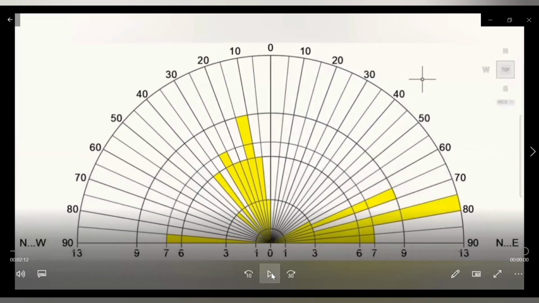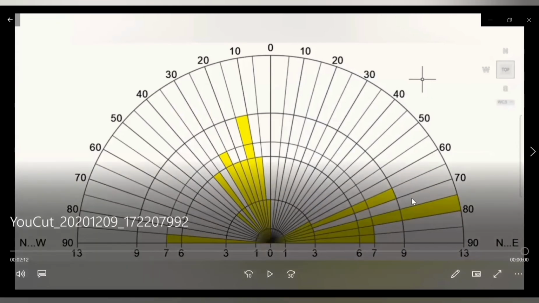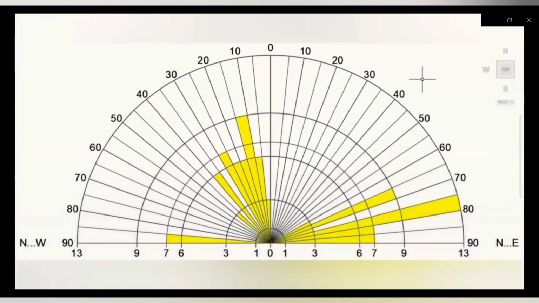For example, the interval north 0 degrees east until north 5 degrees west. You can see here in this figure. Then we make a circular arc from the vertical axis, north 0 degrees east to north 5 degrees west, with a scale radius of 3%.